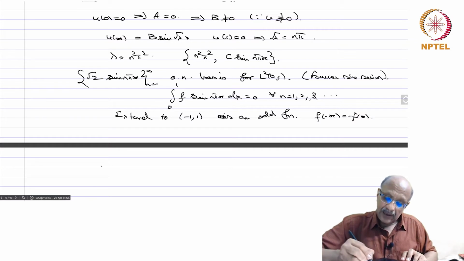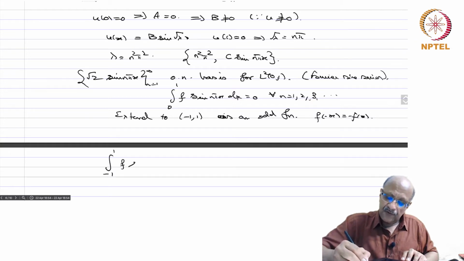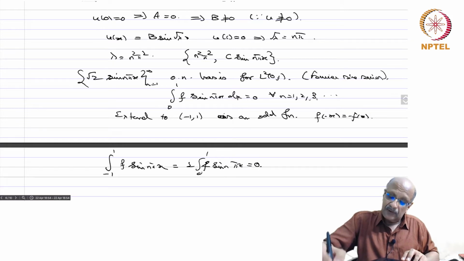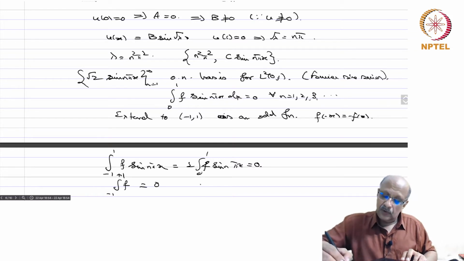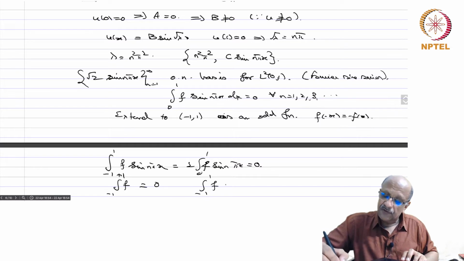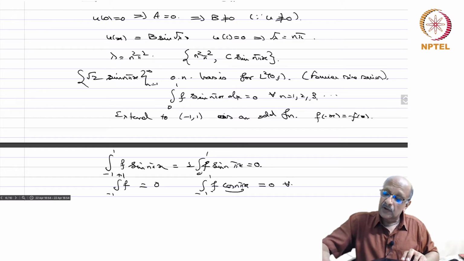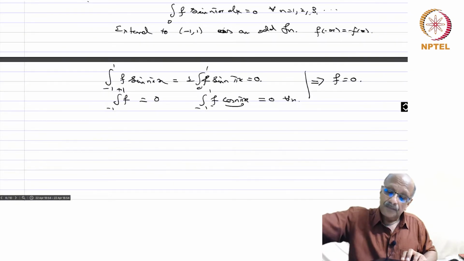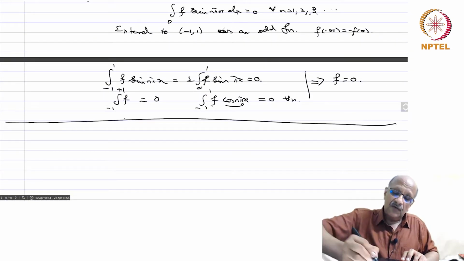Since sine is also odd, integral from minus 1 to 1 of f sine n pi x is twice integral from 0 to 1 of f sine n pi x, which is 0. Integral of f from minus 1 to 1 is also 0, and integral from minus 1 to 1 of f cos n pi x is 0 for all n, since this is even and this is odd. So, from the Fourier series, you know that f equals 0, and that shows that the sines form a complete orthonormal basis for L2 of (0,1).